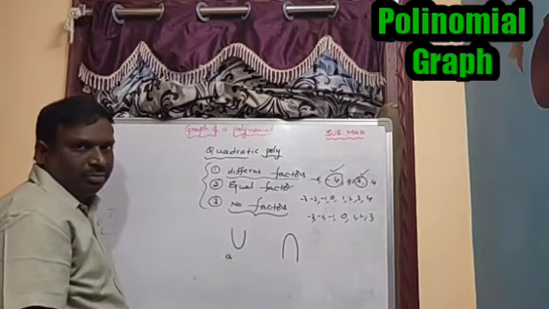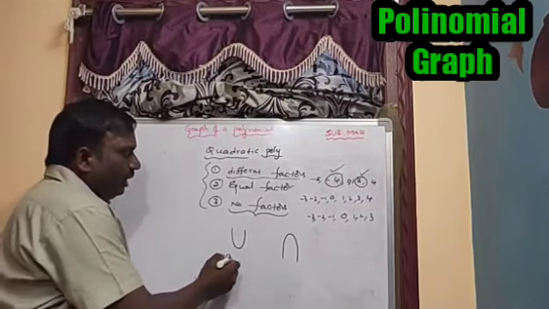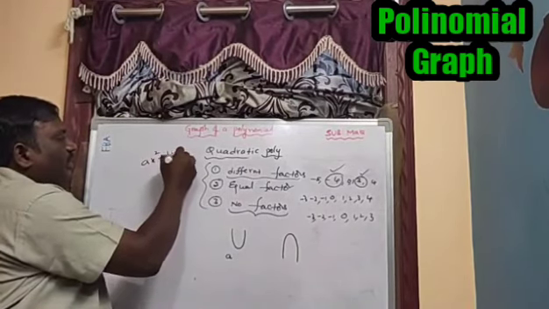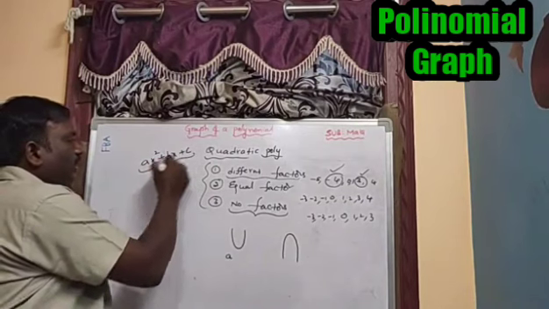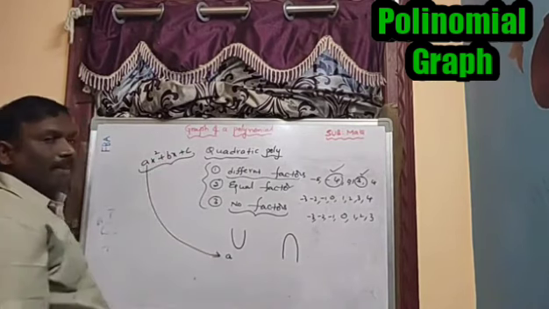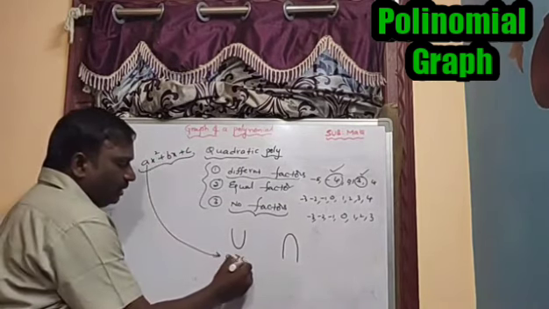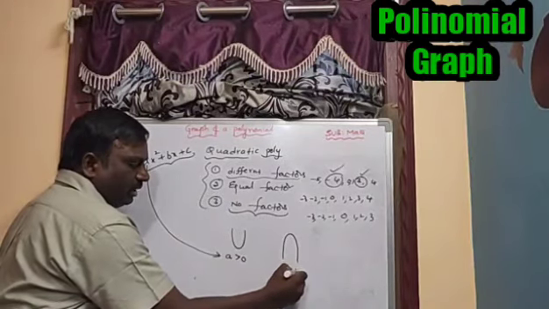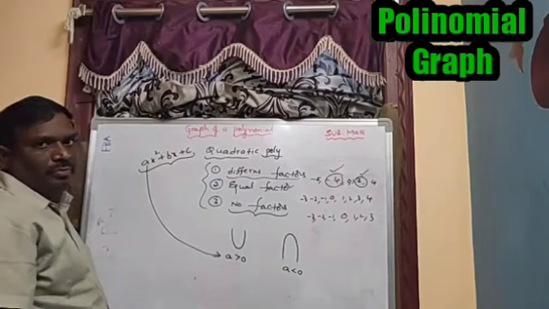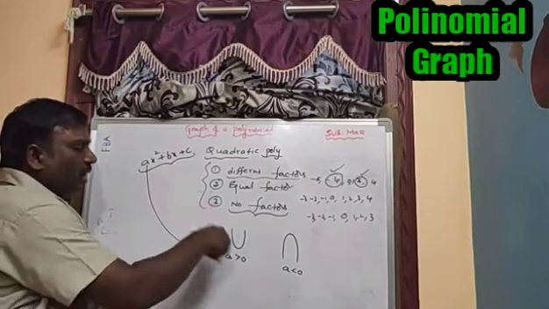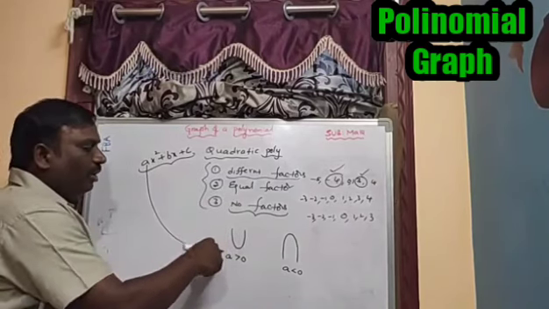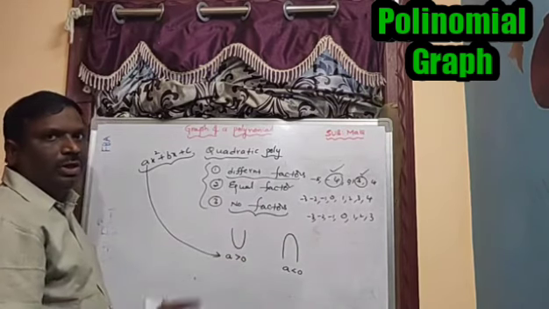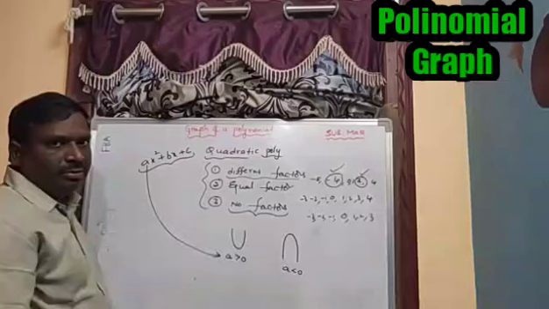It depends upon the value of a. The general form of a quadratic polynomial is ax square plus bx plus c. If a is greater than 0, it is an upward parabola. If a is less than 0, it is a downward parabola. Only two graphs we have.